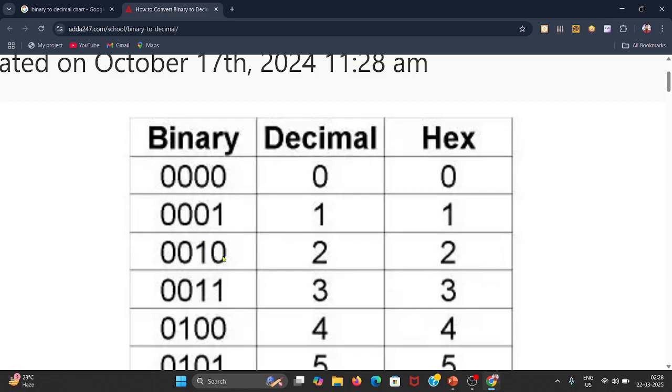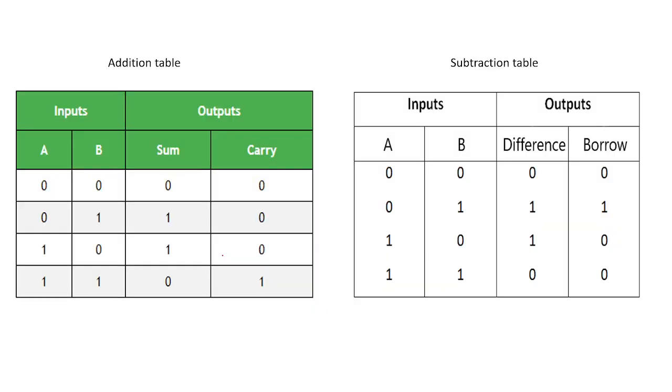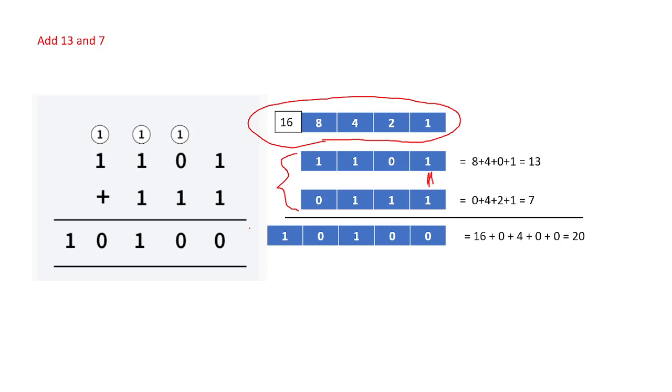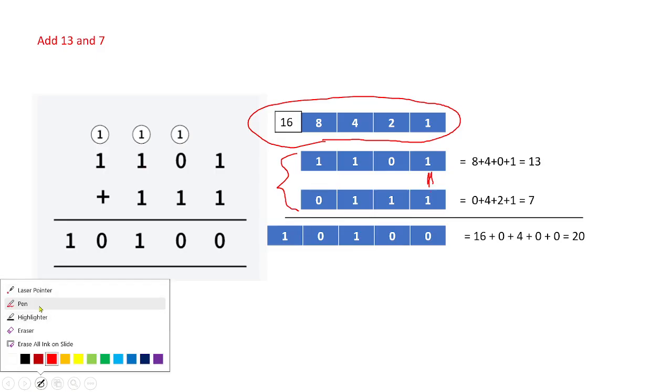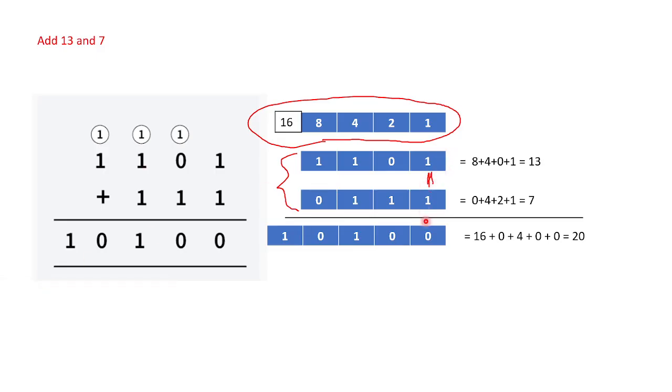So after doing that, we have to write the sum here. Let me take the laser instead of the pen. So I have written sum as 0 here. Here you can see it's more clear. And the carry I have taken in the next step. Carry is 1, so I have to take it in the next step.